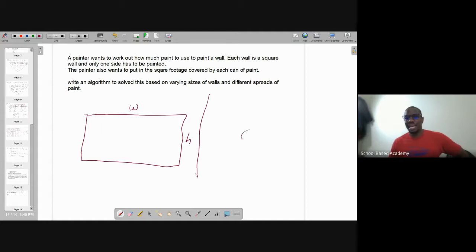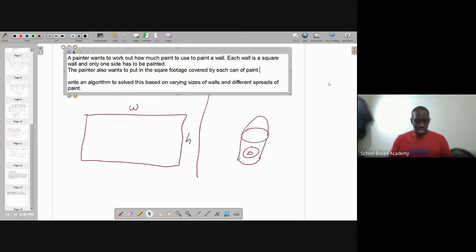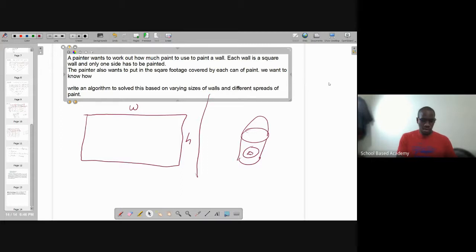We know that a can of paint is going to give us a certain square footage per can. So we want to know how many cans of paint we need to use.